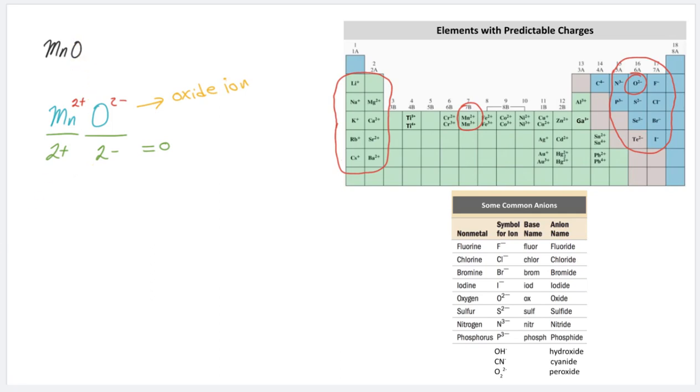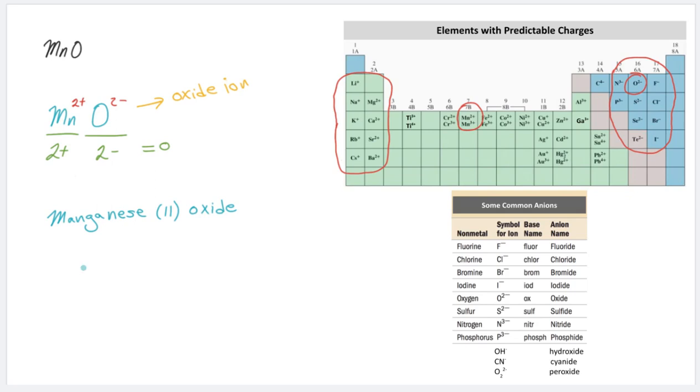If we want to write the name, that will be manganese 2, because we need to specify the charge of manganese in the name. Oxide. Manganese 2 oxide. But what about when we have two oxygens?